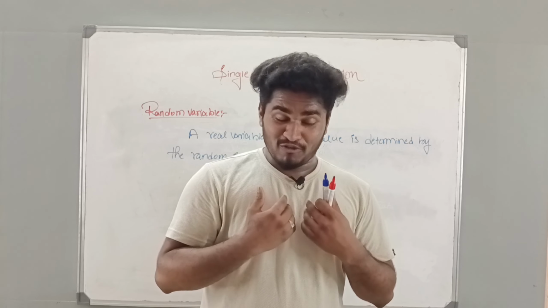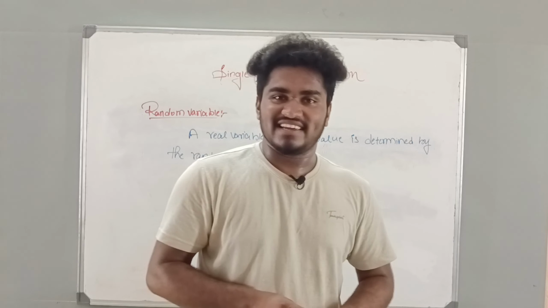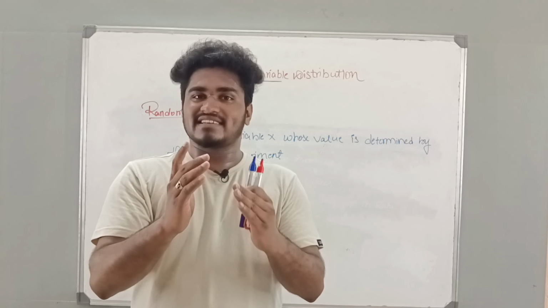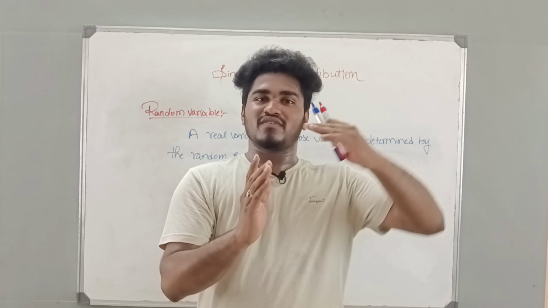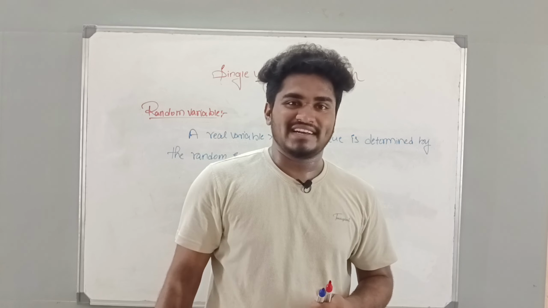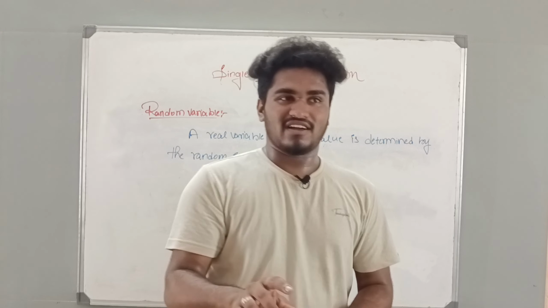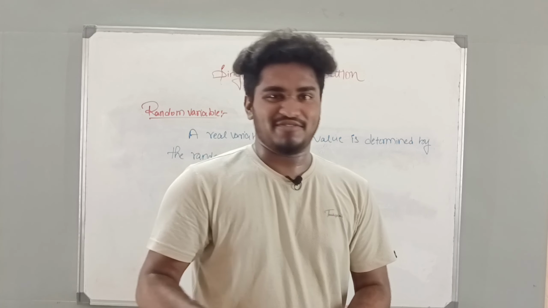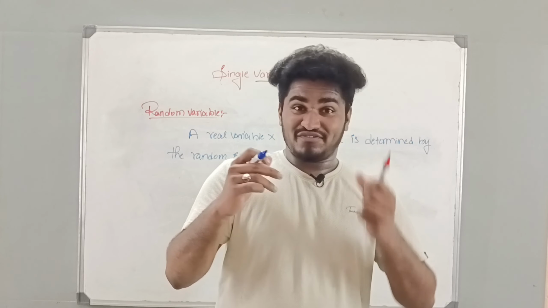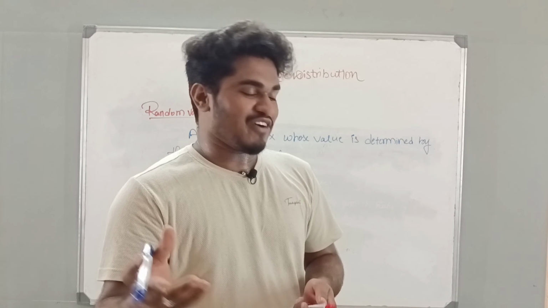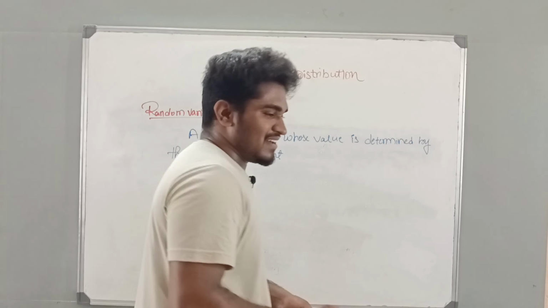One suggestion which I followed in my engineering is to split the syllabus into two. The first half you go through thoroughly, and for the remaining half you just see the headings. If that is good, you can follow it, or else you can complete the entire syllabus.